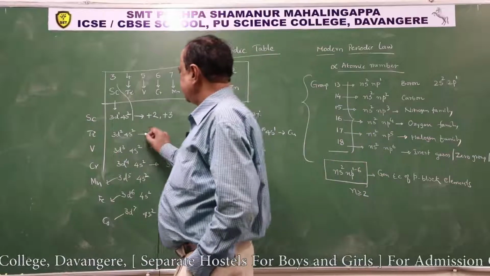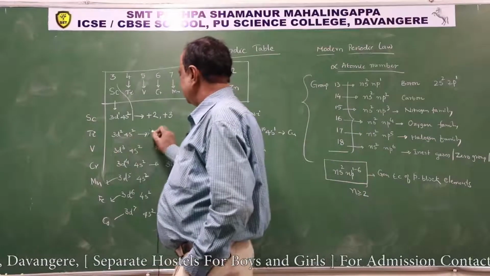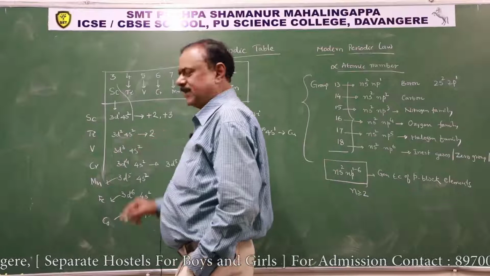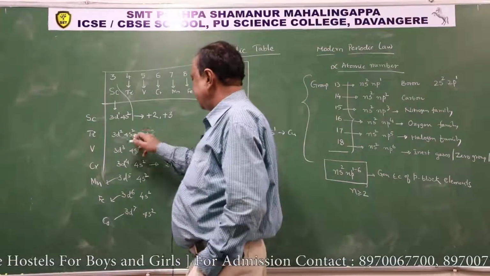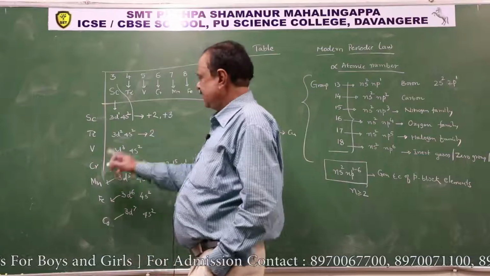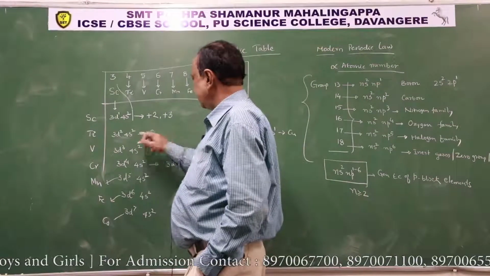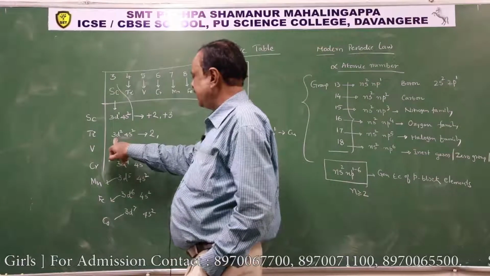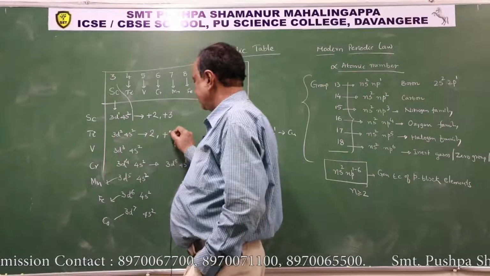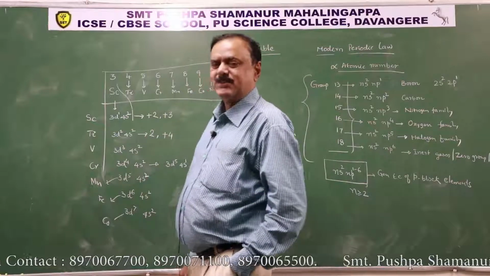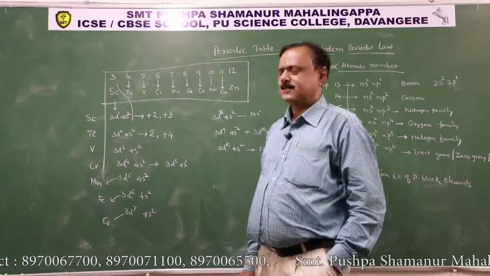Now in the case of titanium, outer s atomic orbitals are involved in the chemical reaction, that is orbital valency. In some cases, inner 3d atomic orbital electrons, 2 numbers, and outer s atomic orbital electrons, total 4 electrons, are involved in the chemical reaction.